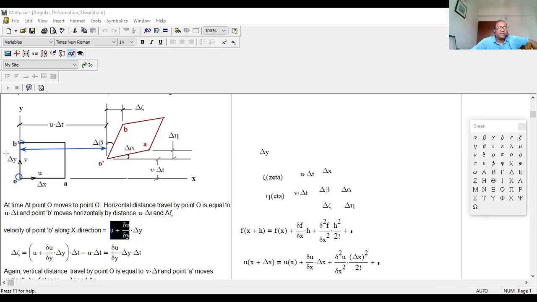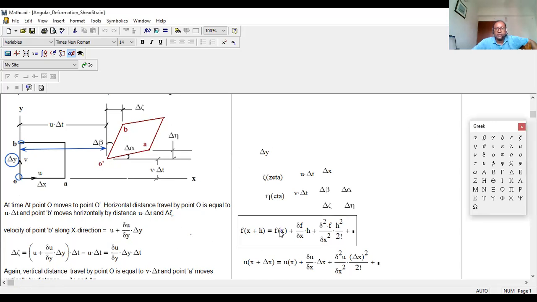So the distance is delta y in Taylor series. You can figure out the velocity at delta y, where h will be delta y. So it will be u, a function of x in the equation, plus del f by del x.